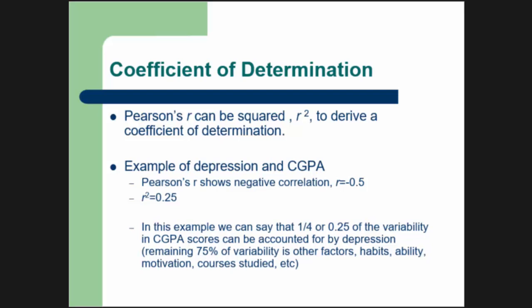The higher your level of depression, the lower your CGPA. Which one causes what? We're not sure. Could be the lower CGPA causes you to be depressed, or the other way around. When we R square, the 0.5 becomes 0.25. So 25% of the CGPA score is accounted for by the level of depression.